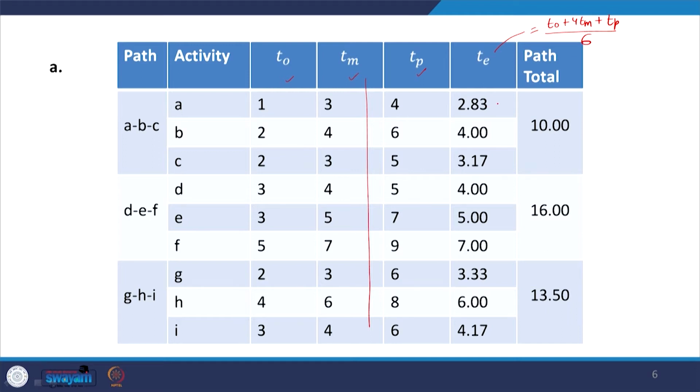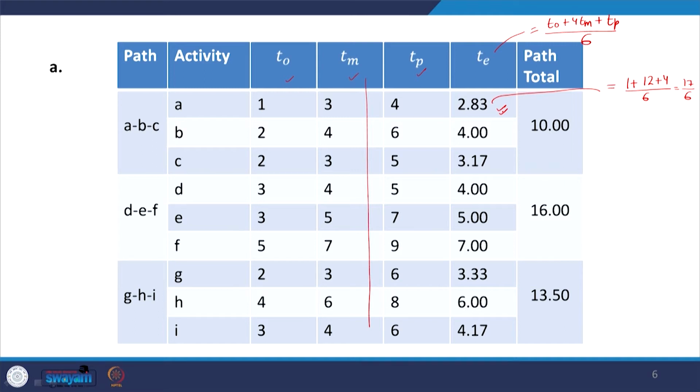Like for this particular calculation, it is 1 plus 12 plus 4 divided by 6. So, it becomes 17 by 6, and the value comes to 2.83, and so on. We have calculated the values of T e for each activity.